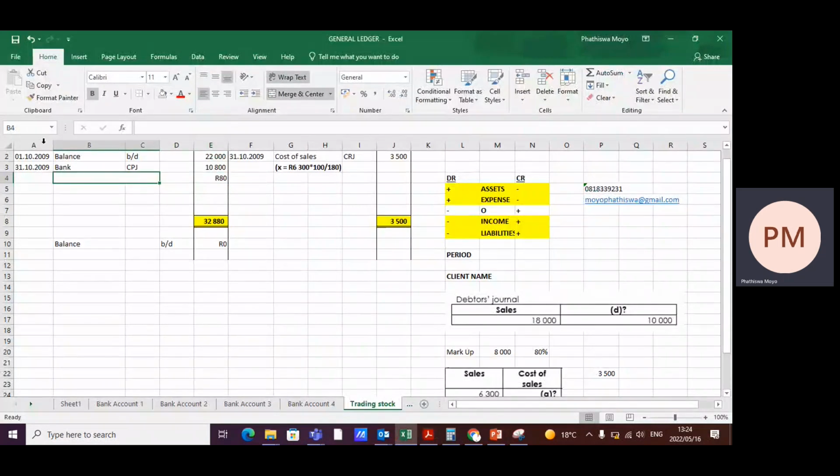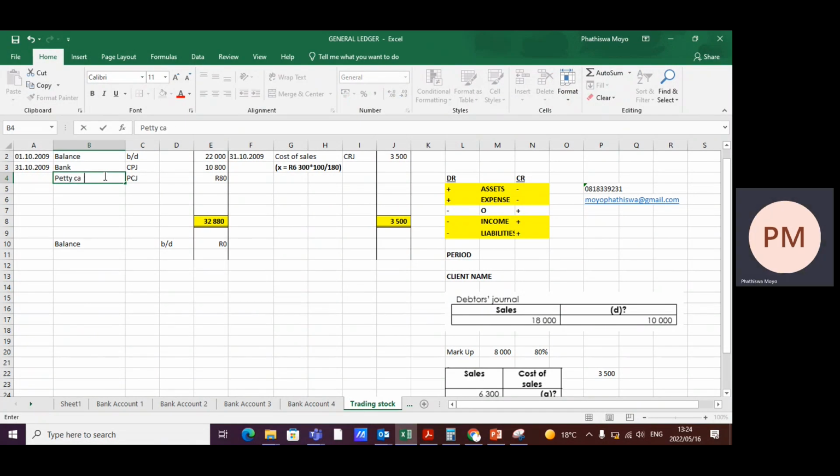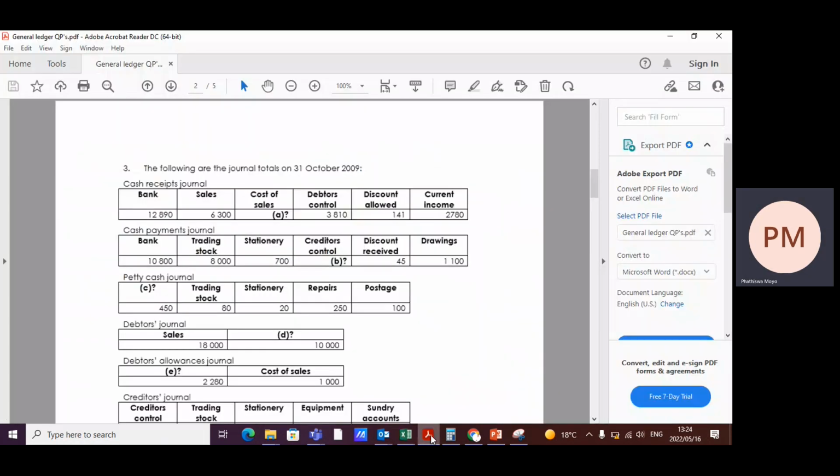And our folio is PCJ. Okay. Then we go to the cost of sales.